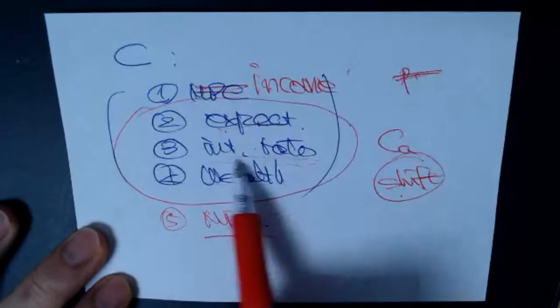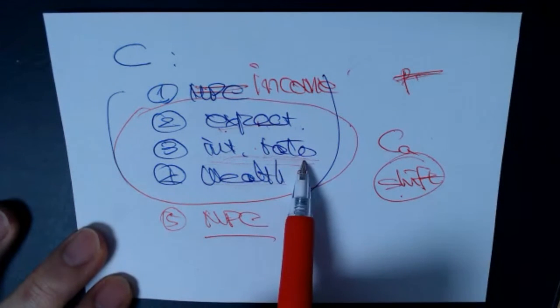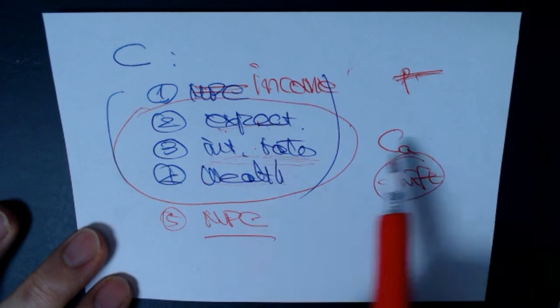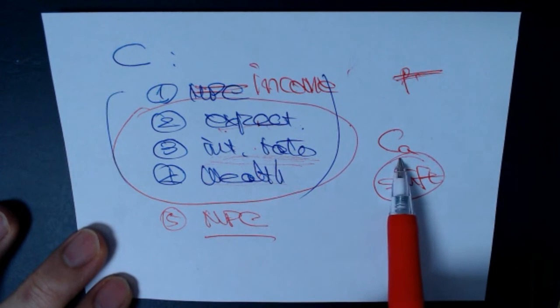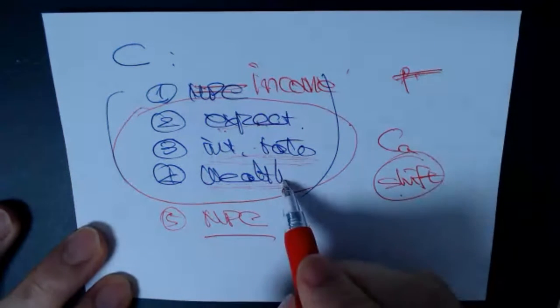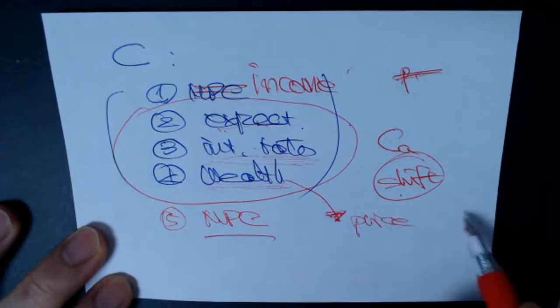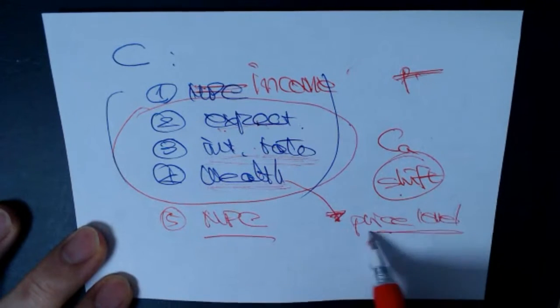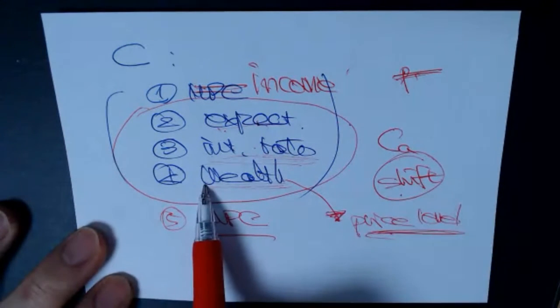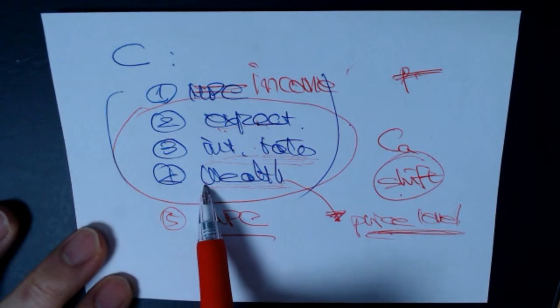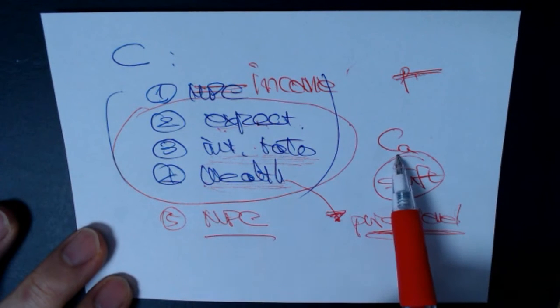Interest rate, same. If the interest rate increases, they are likely to save more. As a result, consumption decreases. Wealth also. Wealth is mostly affected by the price level. So when there are big changes in the price level, they likely affect wealth. So wealth makes households change CA, autonomous consumption.